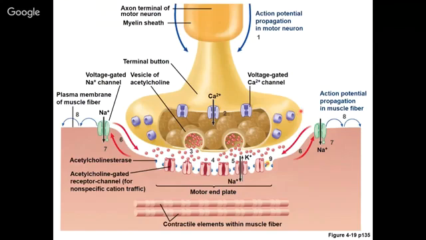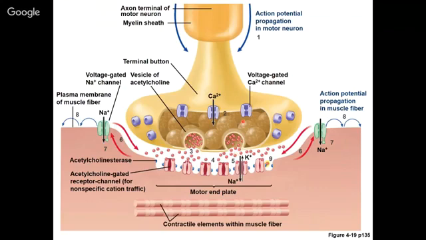So you should understand that these terminal buttons, so the axon connection, sorry, let me say that more clearly. The motor neuron connection with a muscle fiber generally happens toward the middle of a muscle fiber cell, okay?